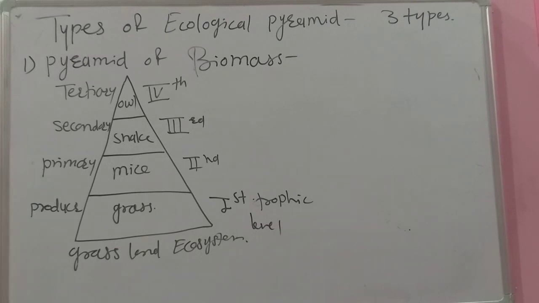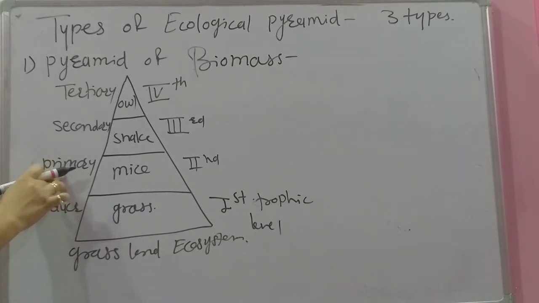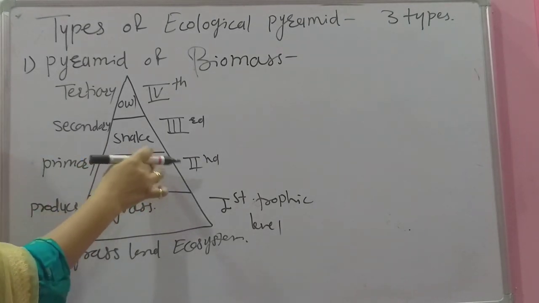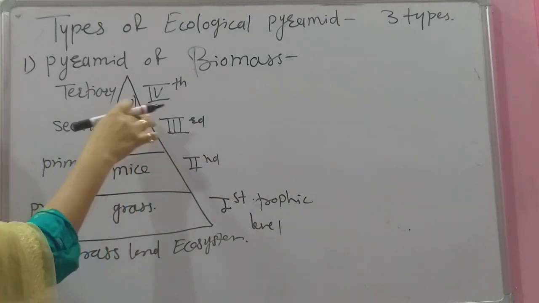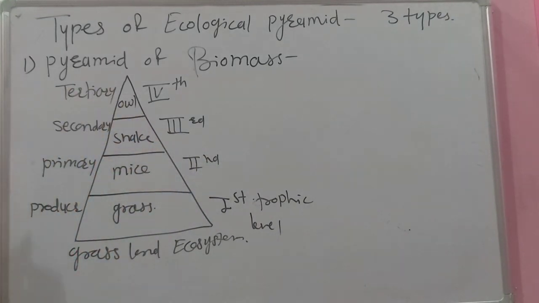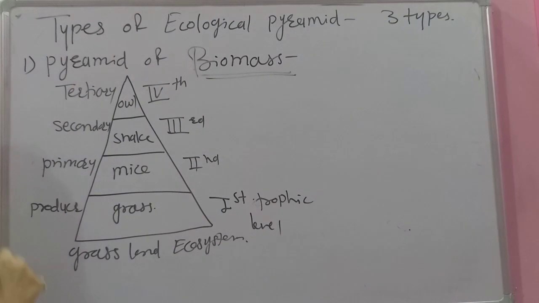Then the second, the primary consumer, how much biomass is present at the second trophic level, then the third trophic level, and the last one is the fourth trophic level.